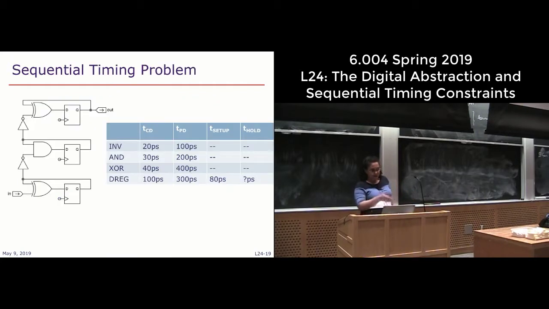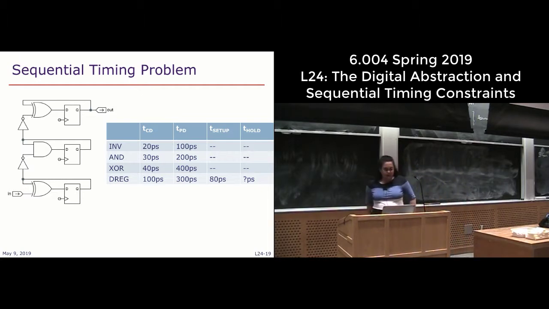And so, just to give us a little bit of practice with this, I've put this sample problem from an old quiz. Let's see if we understand how we would think about these sequential timing parameters.